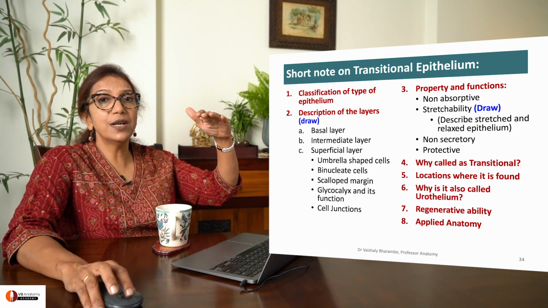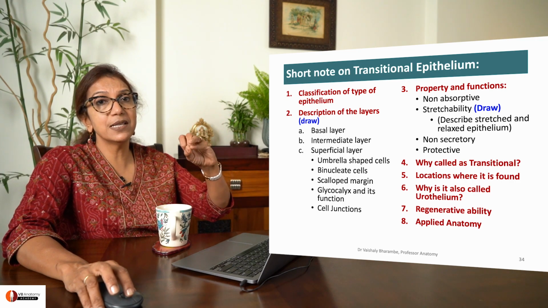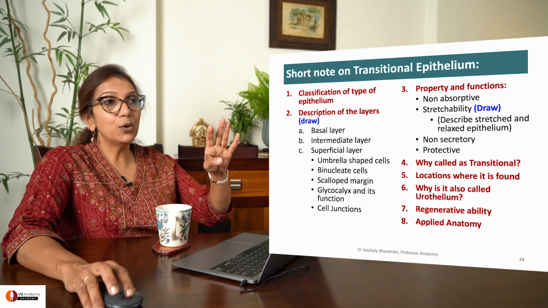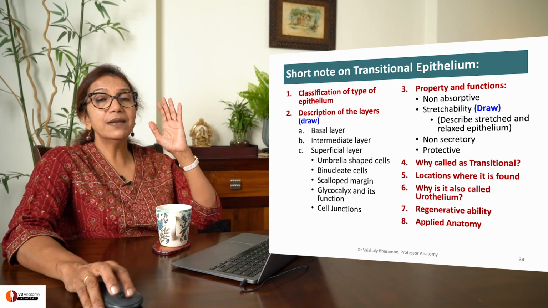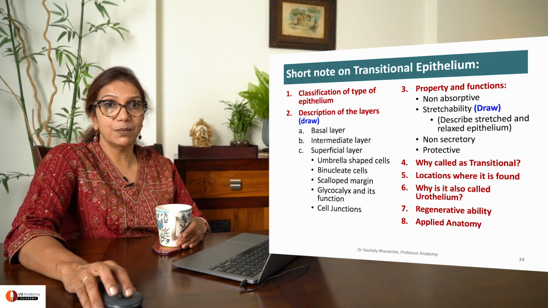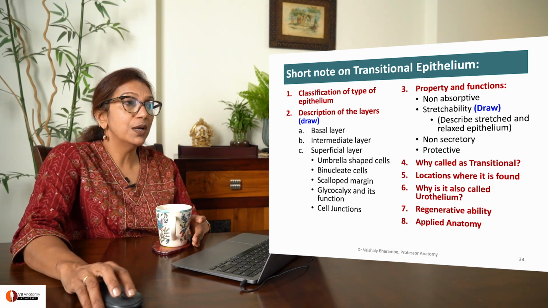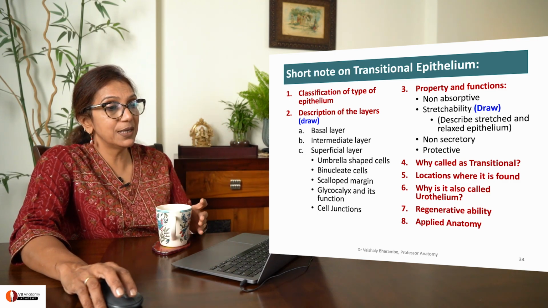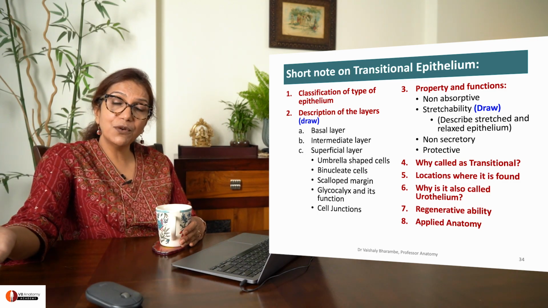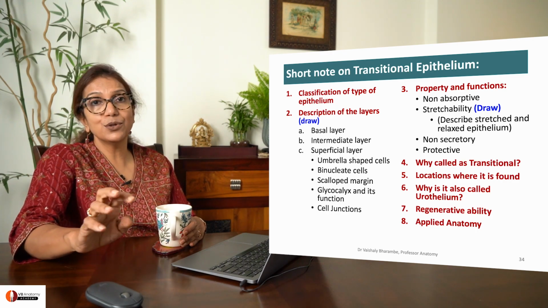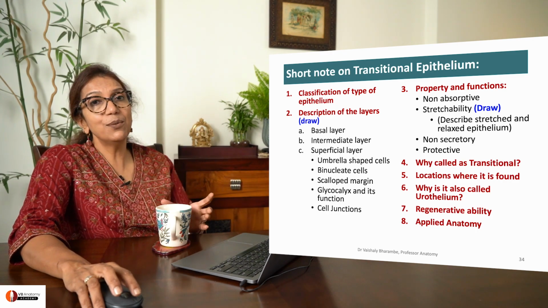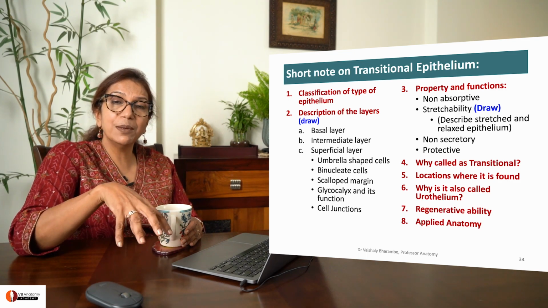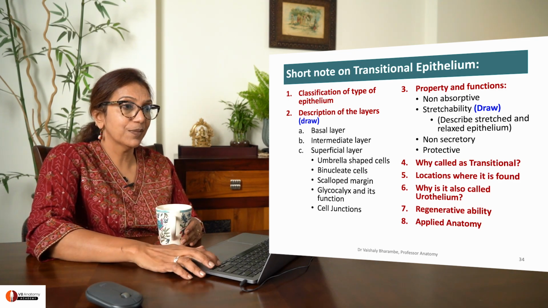In the superficial layer, talk about umbrella-shaped cells, binucleate cells, scalloping, the glycocalyx, then discuss the properties of the transitional epithelium, discuss why it is called transitional, where transitional epithelium is found, another name for transitional epithelium, and so on. Use this slide well to get full marks in the transitional epithelium short note.